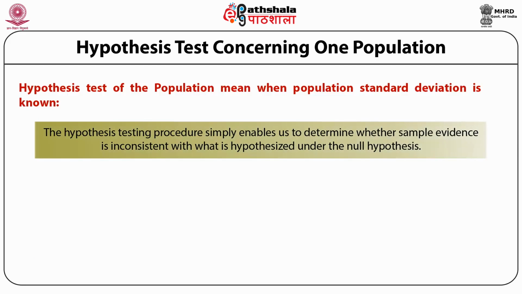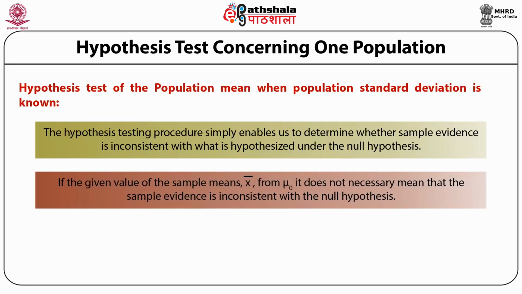The hypothesis testing procedure simply enables us to determine whether sample evidence is consistent with what is hypothesized under the null hypothesis. Consider the hypothesis H naught: mu is equal to mu naught versus the alternative hypothesis where mu is not equal to mu naught, where mu naught is the hypothesized value of the population mean.